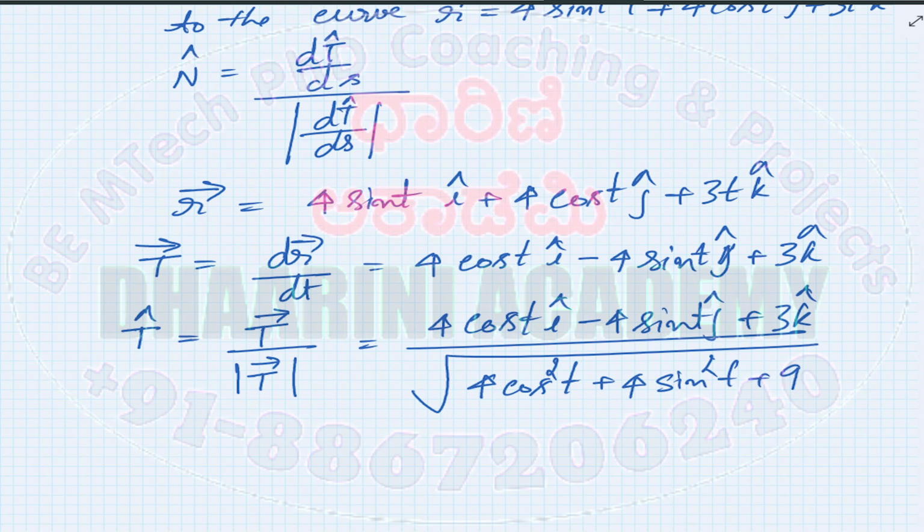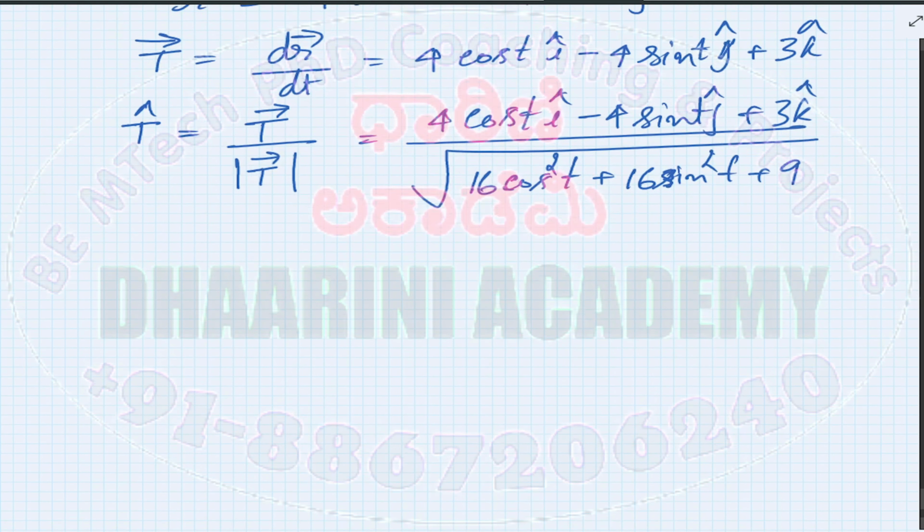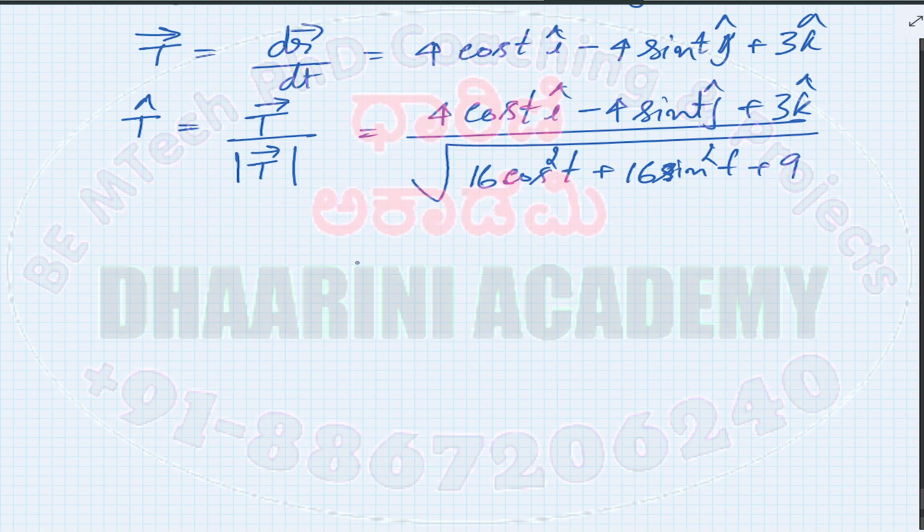Sorry, 4 becomes 4 square. Please correct, this is not 4, this is 4 square, so 16. So this is 16 into cos square t, 16 into sin square t plus 9. Now I can apply a trigonometric identity to get this answer quickly.